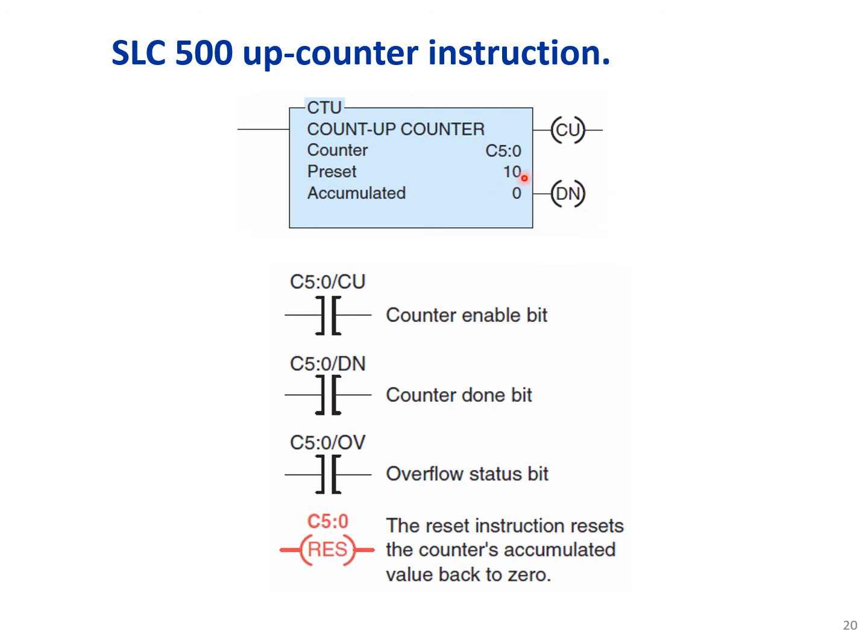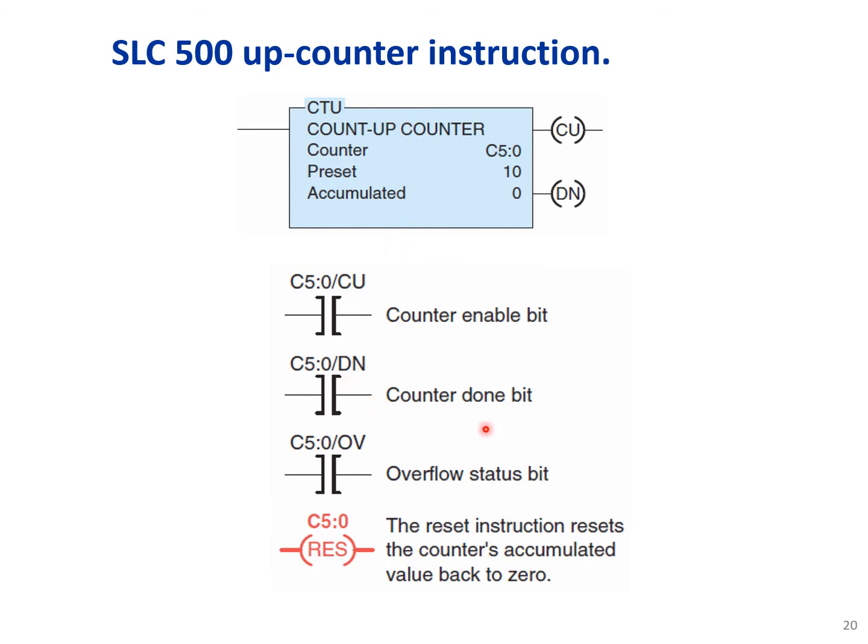In this case, the preset value is 10. This is the counter up enable bit. When this contact goes from false to true, the counter increments by 1.